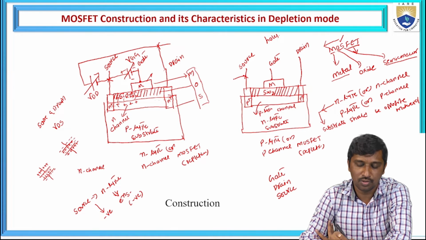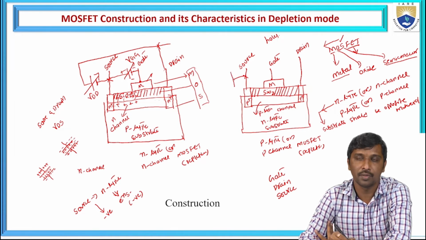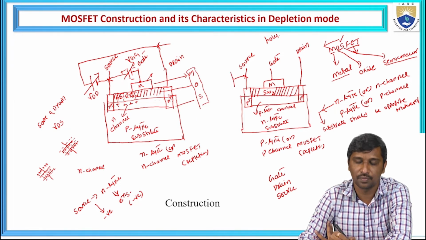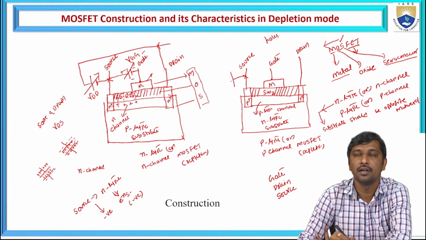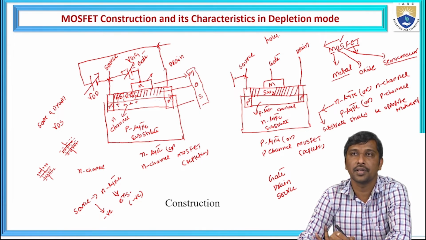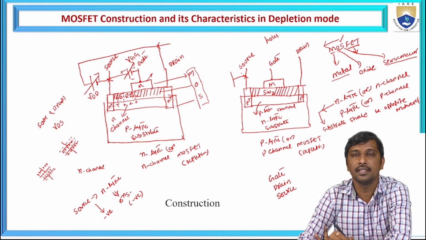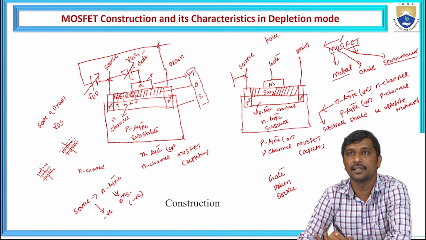Hence the source is biased with the positive pole of the battery with respect to the drain. Why? Because the holes are attracted to the negative pole of the battery. So our aim is that whatever charge carriers are repelled or emitted from the source, all of them should reach the drain to allow the flow of current in a field effect transistor.